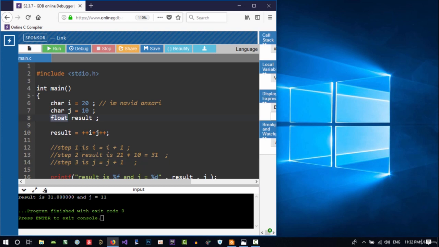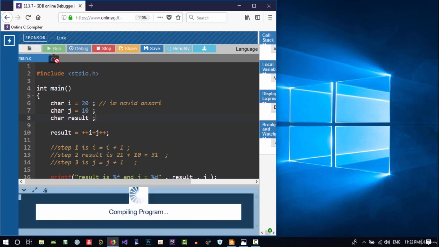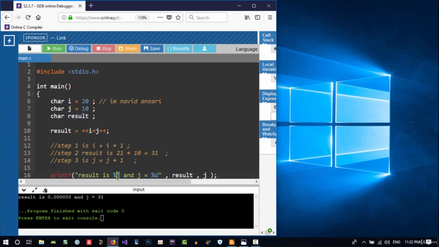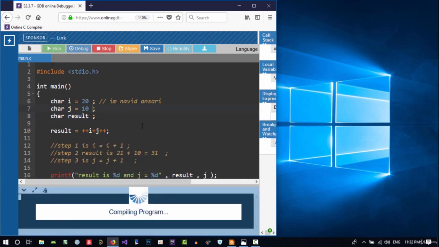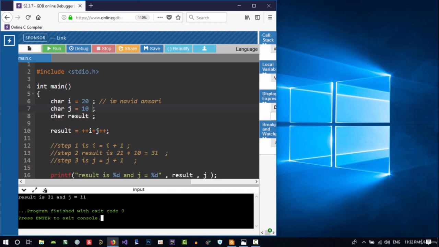I changed this to float. Sorry. Let's run it. This is a float. Let's make it D and run it again. So you see what's happening. J plus 1 is 11. So I hope you understand this well.